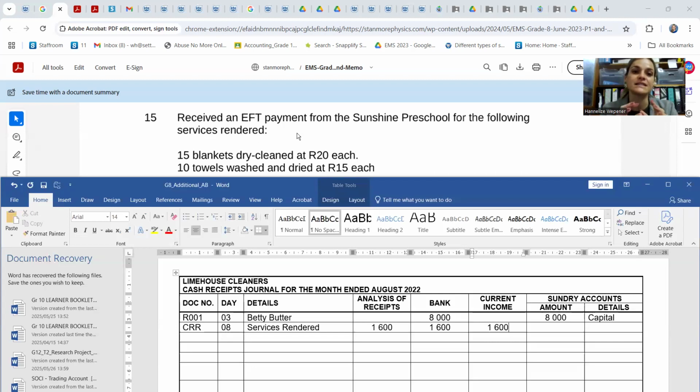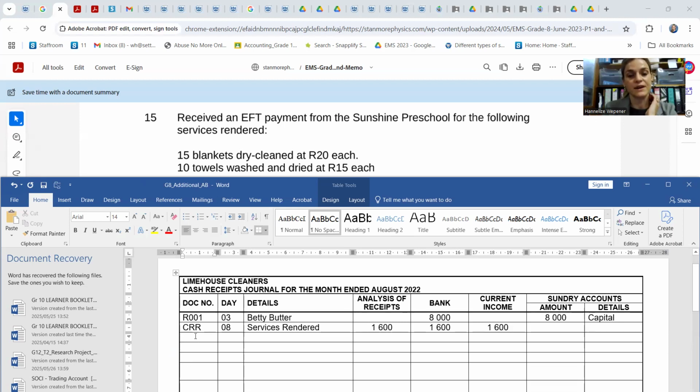So if it is services rendered that was not at the business premises via EFT, then you are going to indicate who you received the money from. The reason being that this name, Sunshine Preschool, will reflect on your bank statement. So to make it easier for you to compare your CRJ with the amounts received on your bank statement, you will indicate the specific name.